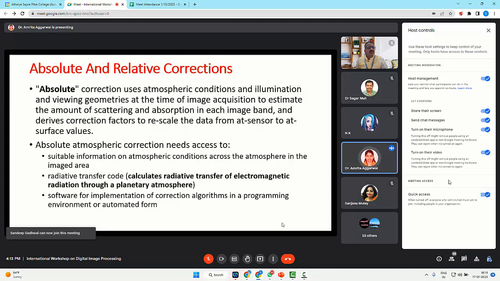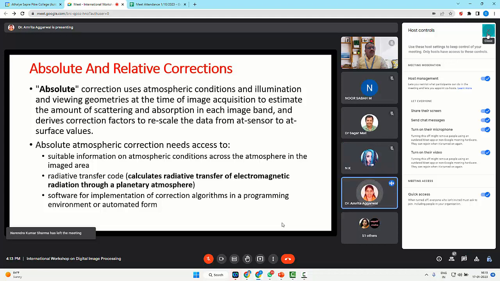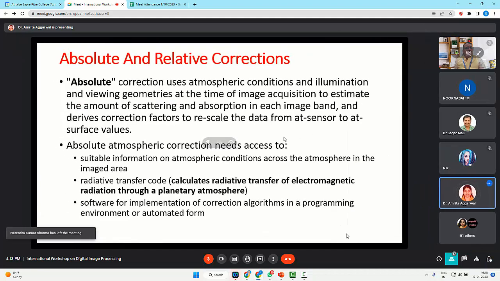Energy emitted from the object? No, that is reflectance. And glowing? Illumination simply means, yes, glowing.